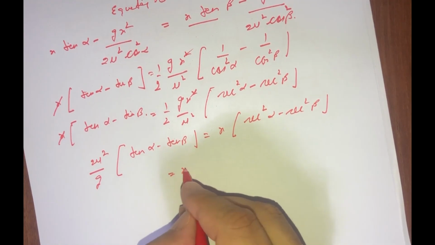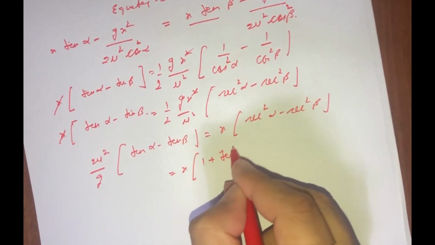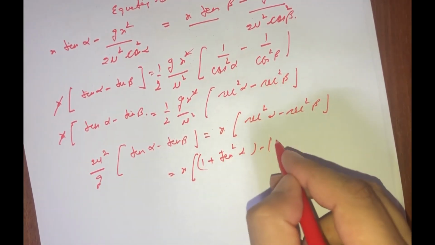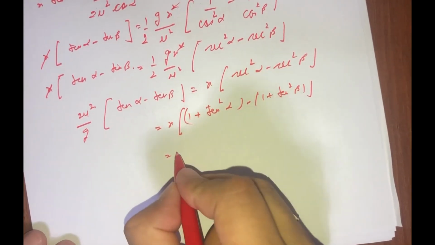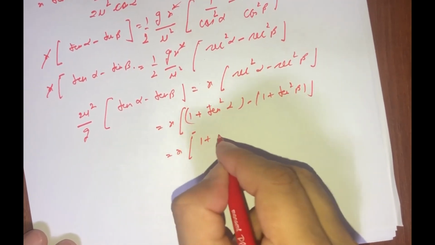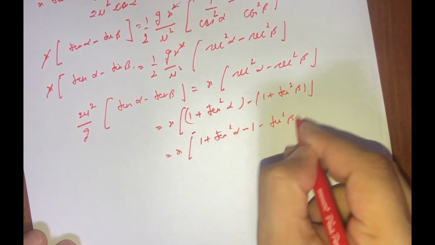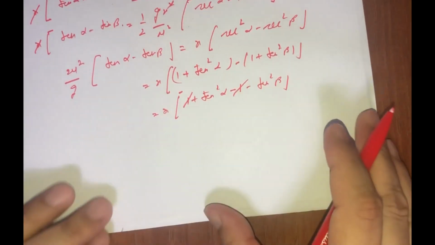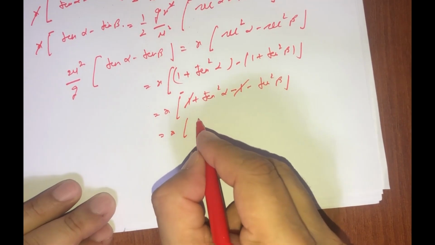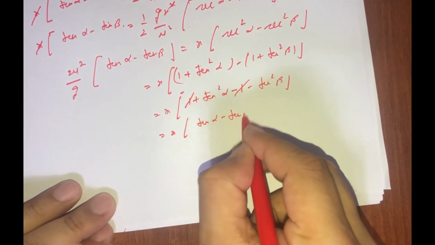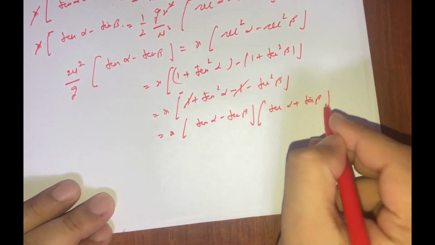We can write the right side as 1 plus tan square alpha minus 1 plus tan square beta. Opening the bracket, we get x times 1 plus tan square alpha minus 1 minus tan square beta; 1 cancels with 1. This is a square minus b square, so it can be written as tan alpha minus tan beta times tan alpha plus tan beta.